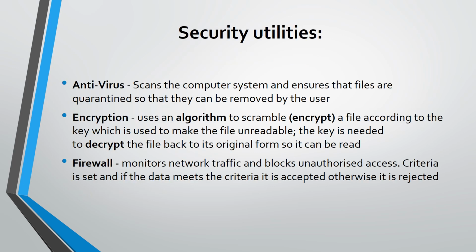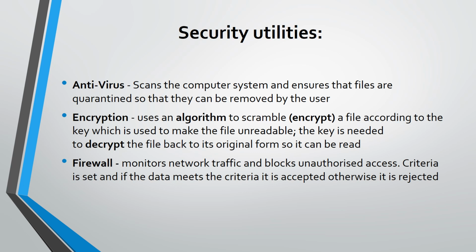Then we have security utilities. We have three things in security utilities. Actually, it's quite a lot, but I have mentioned three things. Antiviruses will scan the computer system and ensure that files are quarantined so that they can be removed by the user. Encryption uses an algorithm to scramble.